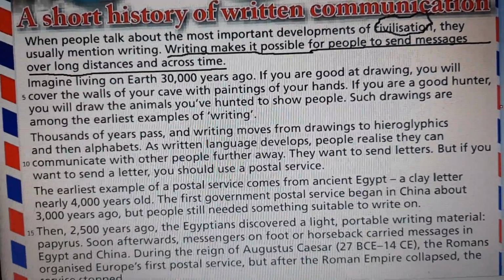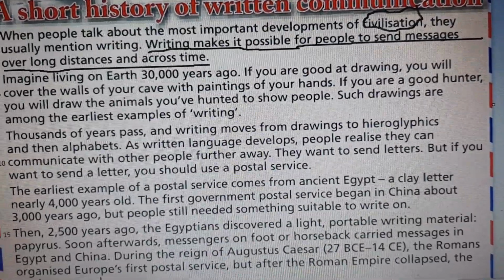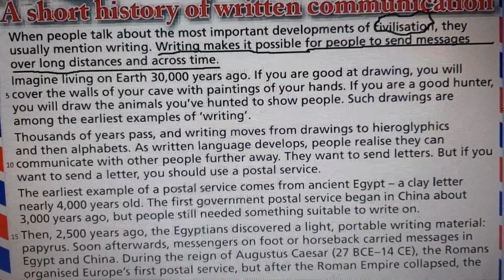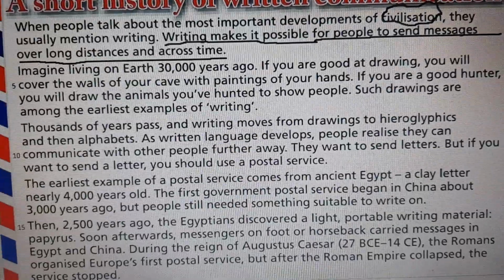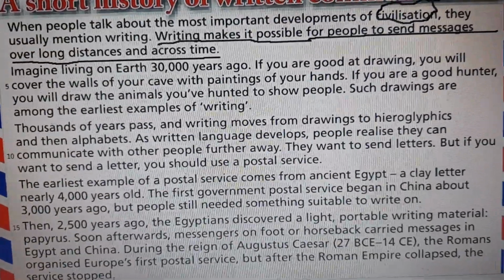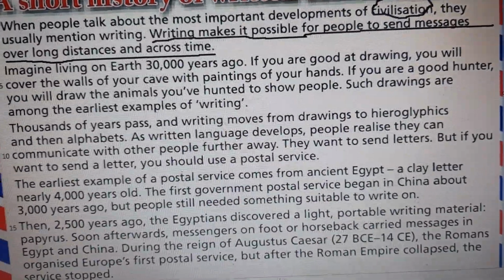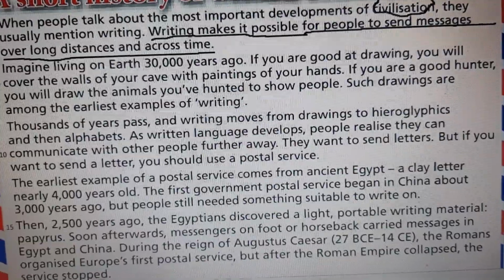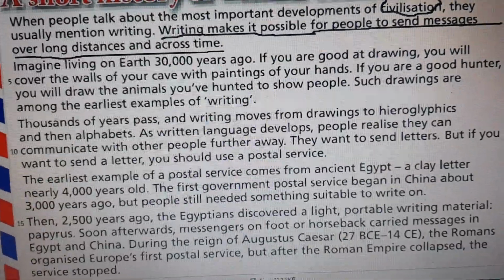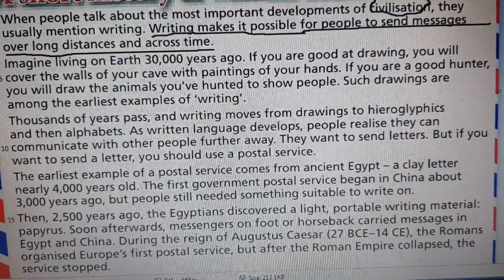Here we have a strange word, hieroglyphics. Hieroglyphics is a type of writing using symbols. Then alphabets. As written language develops, people realize they can communicate with other people farther away. So here we realized we can communicate by writing.